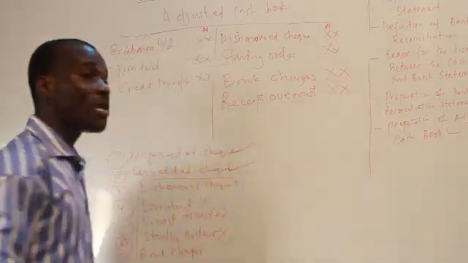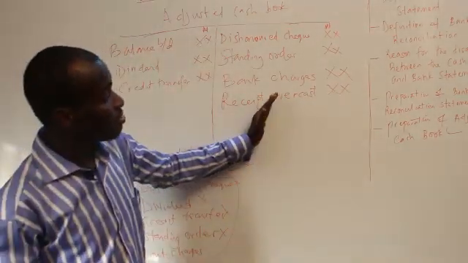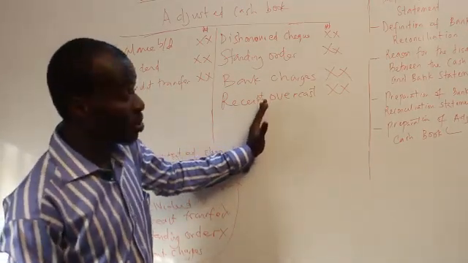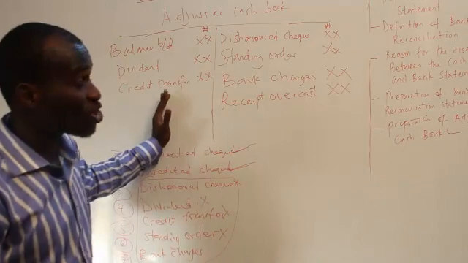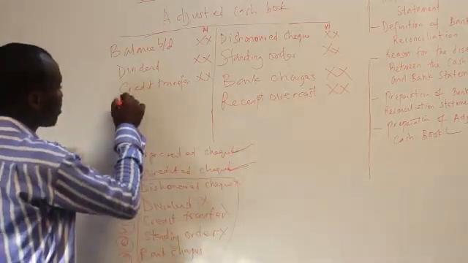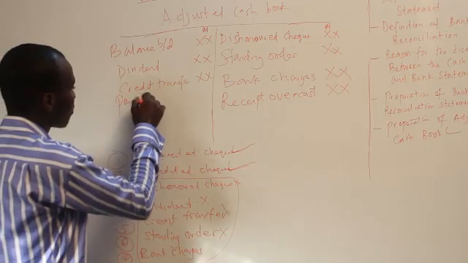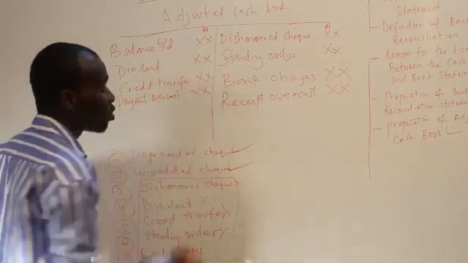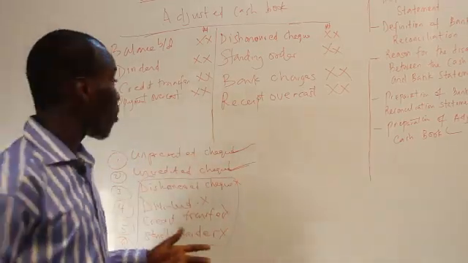When we have a payment overcast, this is the payment side of the cash book. When the payment is overcast, we will have to debit that to reduce the overcasting figure. So we have payment overcast. Also, if receipt is undercast, what are we going to do?